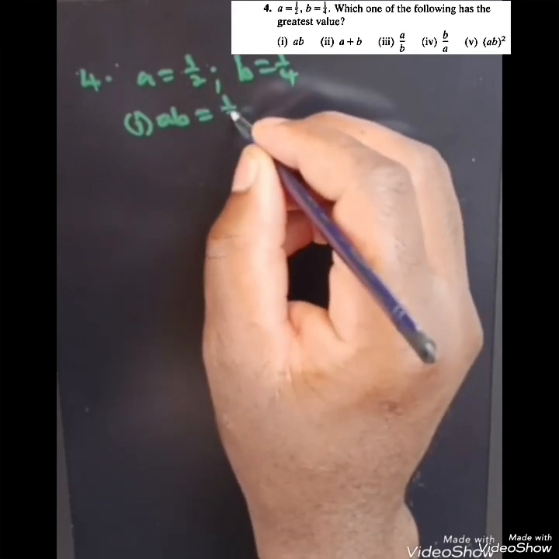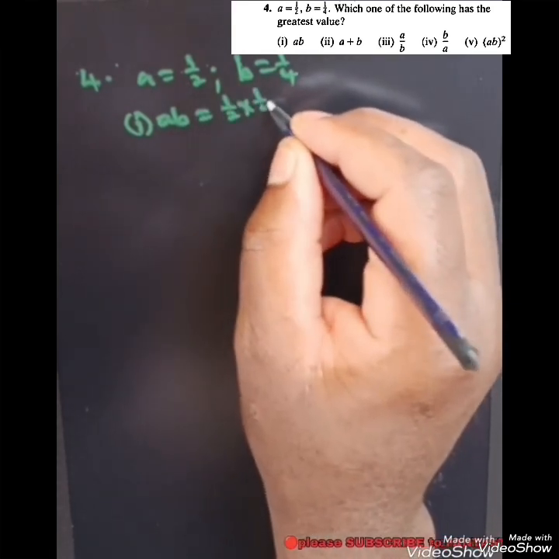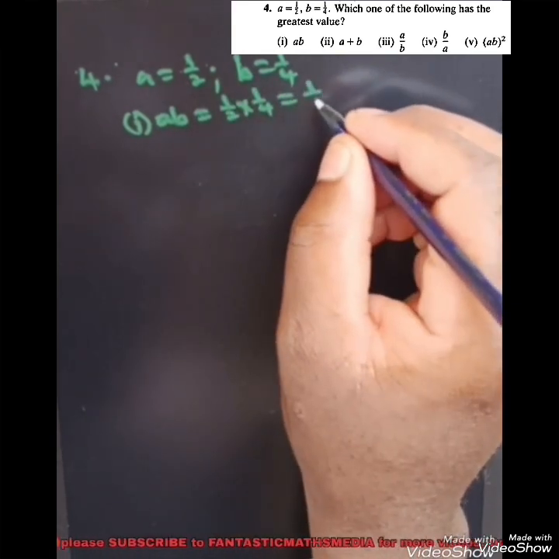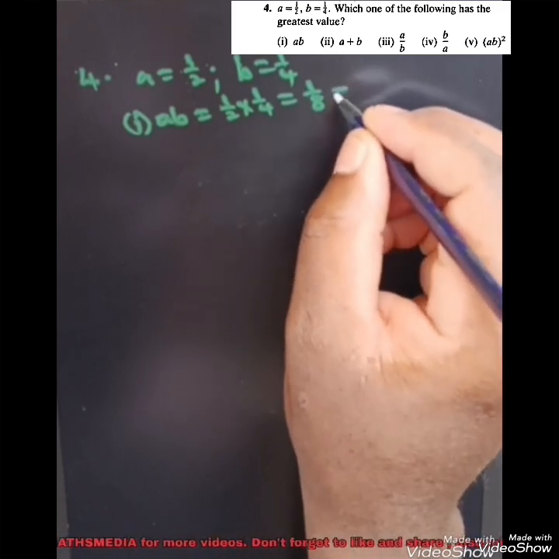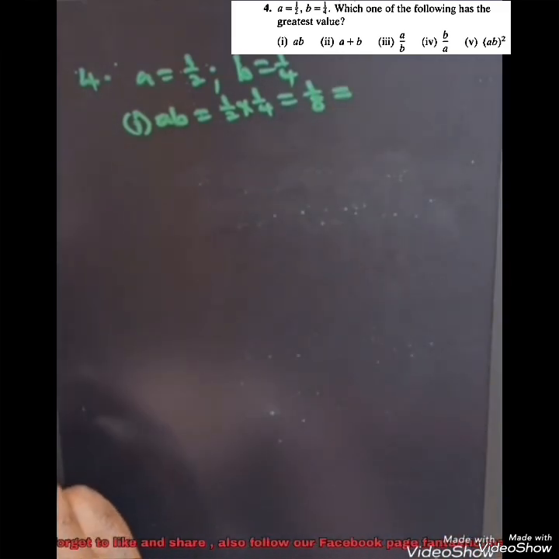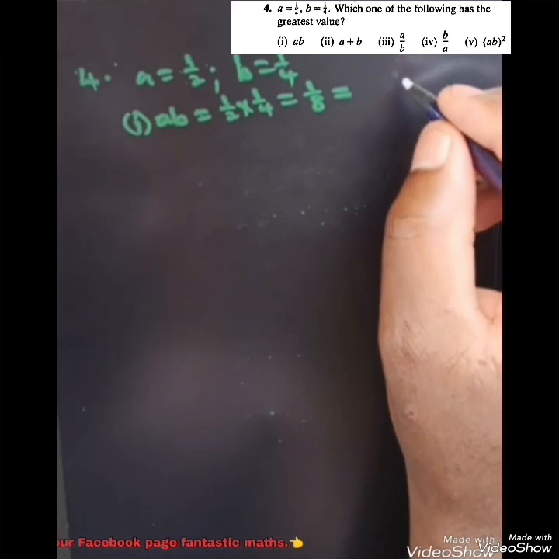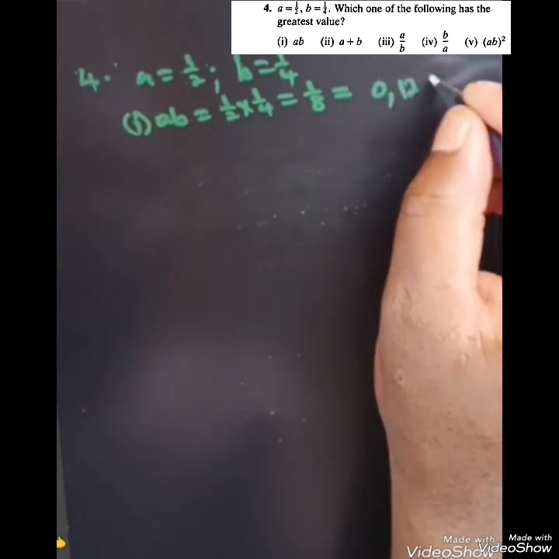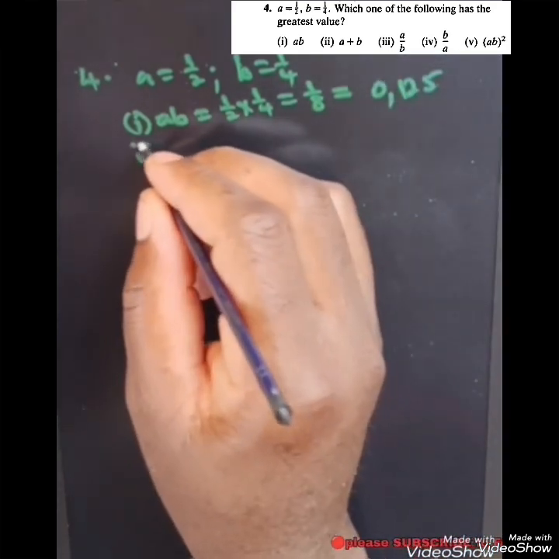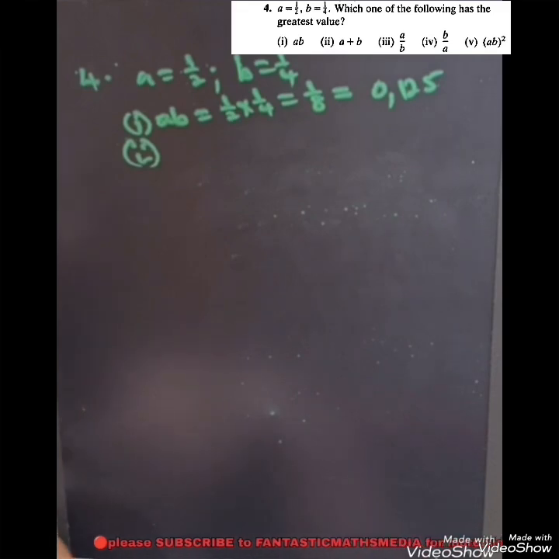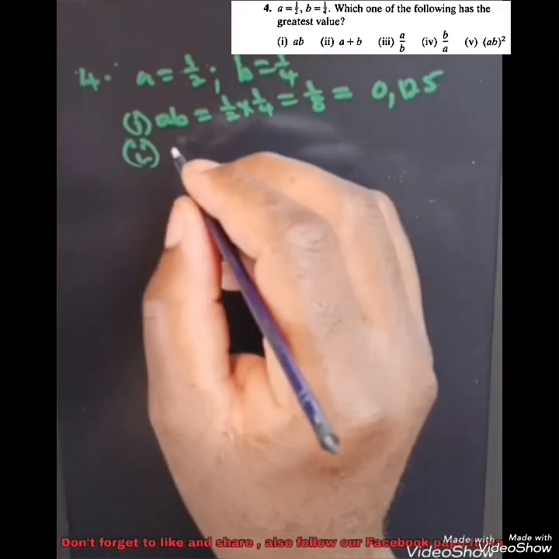A is equal to half, B is equal to quarter. So A times B, half times quarter, is 1 over 8. We need to convert these numbers into decimals so we can easily see which one is greatest.